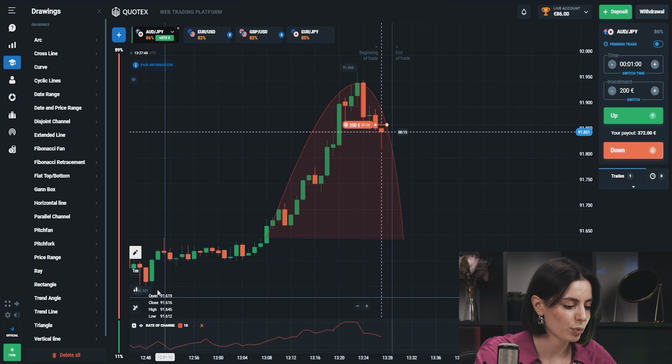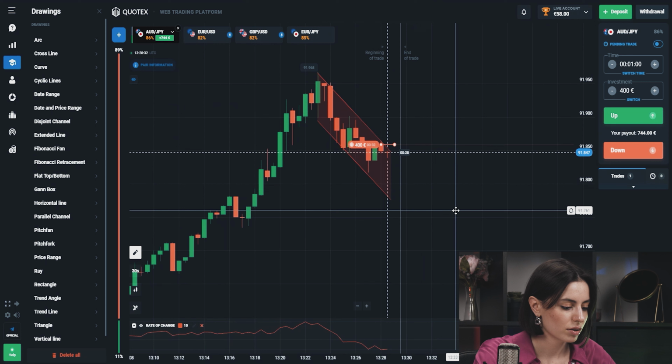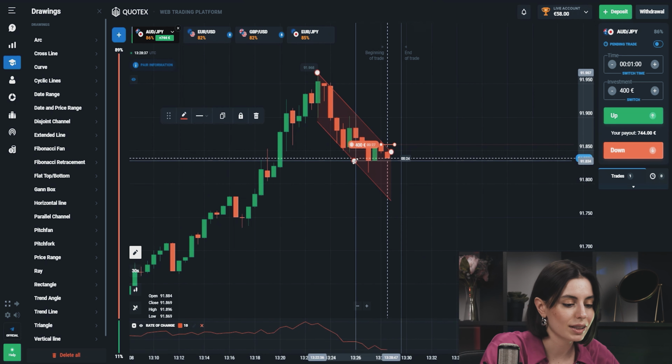I'd rather stay on this chart. And here we're gonna continue with the parallel channel. The arc is done, and it's also showing us the same, that the chart is just falling down, it's gonna move down, and all the tools are, in some cases, up to your preferences.